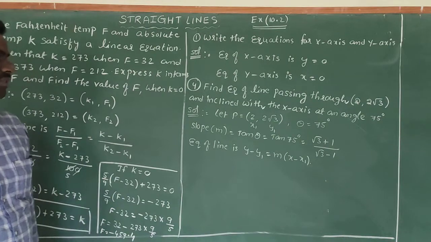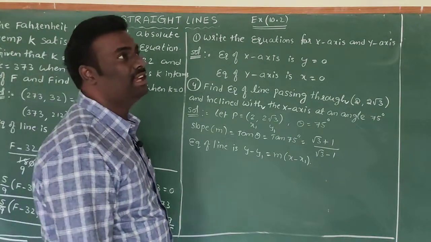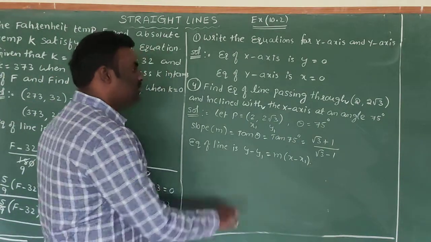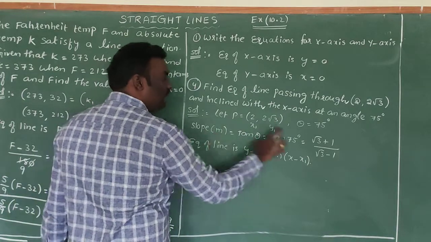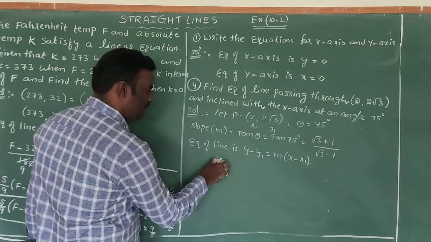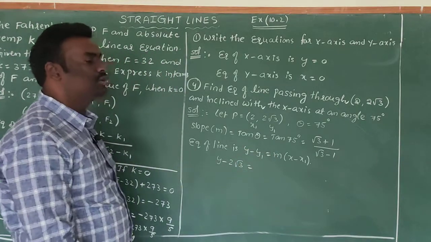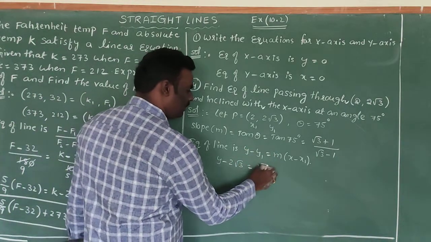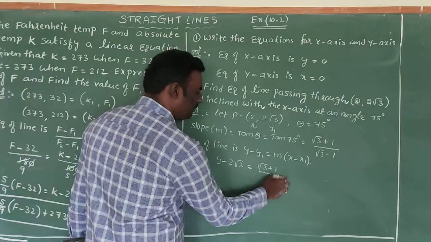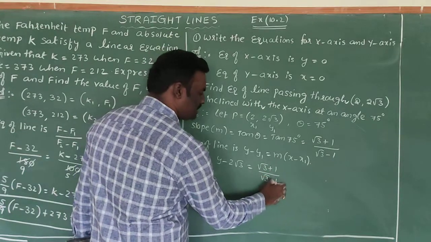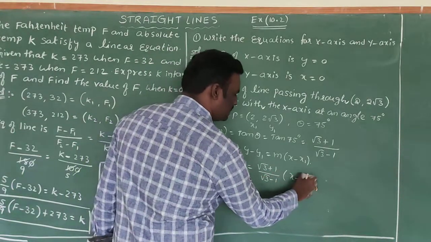This is the formula for the equation of a straight line in point slope form. You know x1, y1 and you know the value of m. Substitute: y minus y1 is equal to m, which is root 3 plus 1 by root 3 minus 1, into x minus x1.